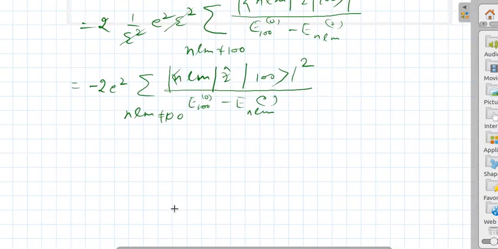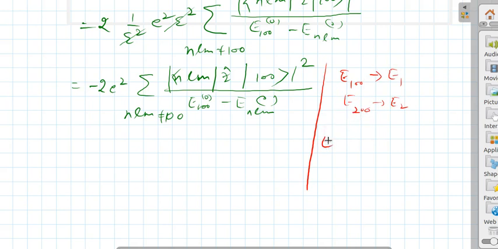Now let us try to calculate E1 or E n l m, or E2, whatever, because l and m are 0. First of all I want to calculate the denominator, so E10 is equivalent to E1 and E200 is equivalent to E2.